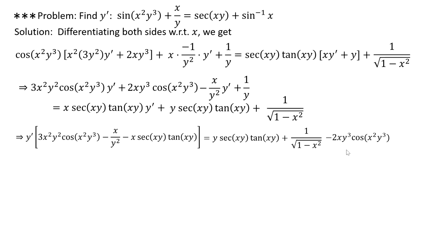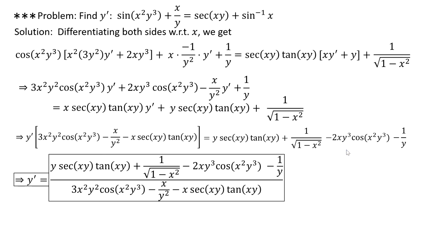And the beauty is, now I can divide both sides by whatever y prime is multiplying, and we end up with that simple looking expression. Cool? Folks, very, very, very likely to ask you this kind of a question.